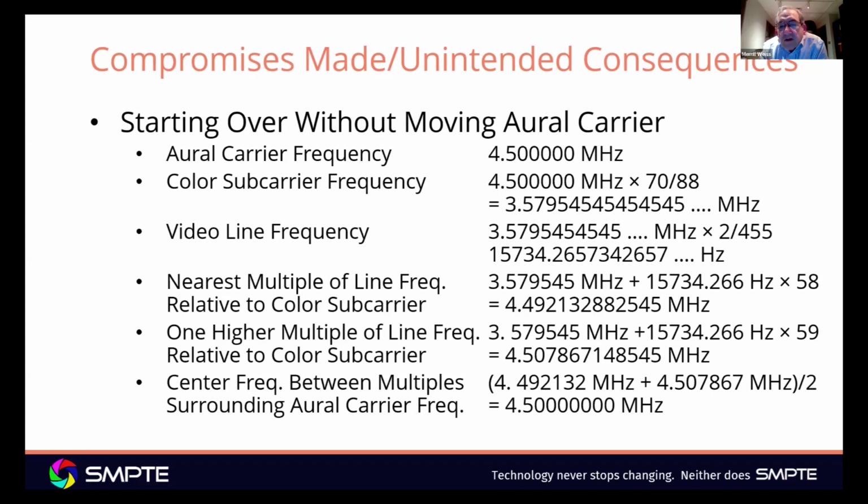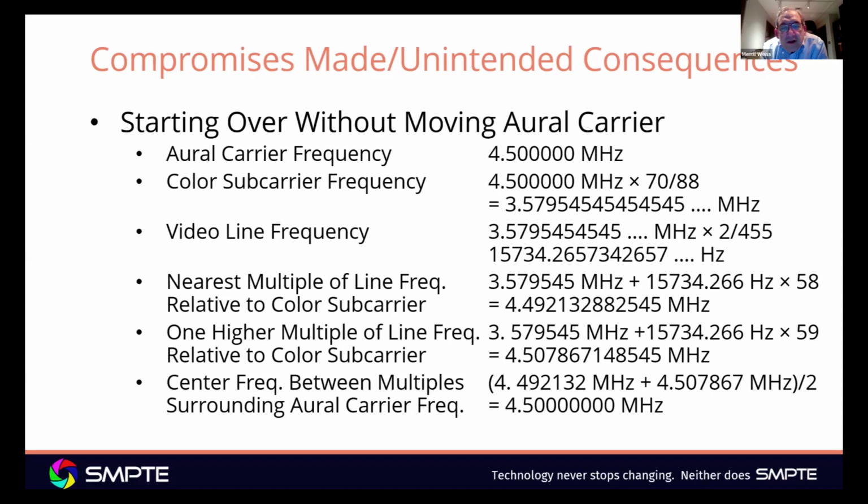And if we then look at how that fits around the oral subcarrier, if we take 58 times the 15,734.266 and add that to the 3.579545, we end up at 4.49213288, etc. megahertz.